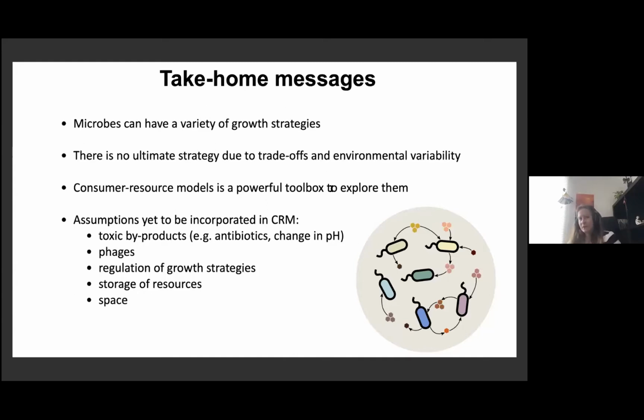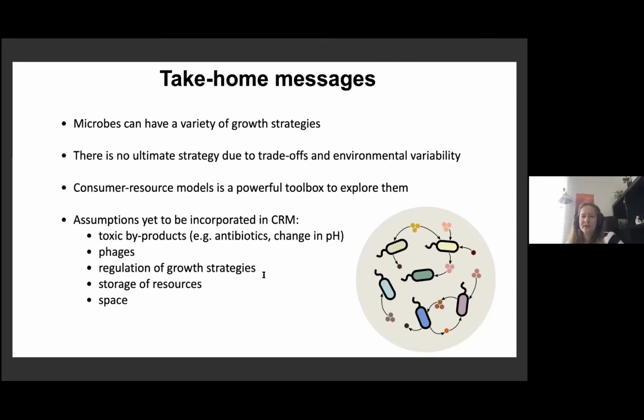So microbes really have to adapt and use different strategies. And consumer resource models are simple, but yet they allow you to explore multiple such scenarios. And there are many assumptions that are not included in consumer resource models yet, but people think about them, try to discuss them, and sometimes try to incorporate them to some extent.